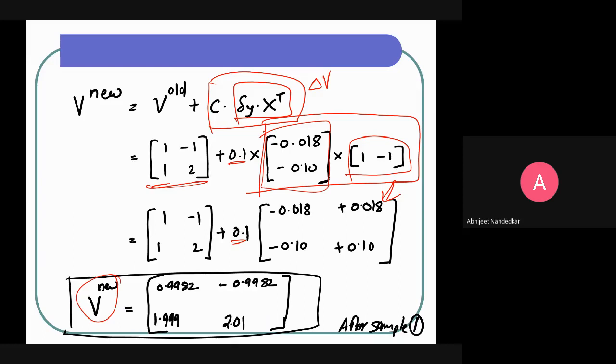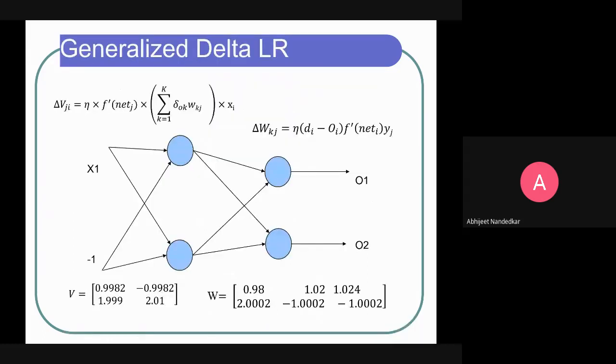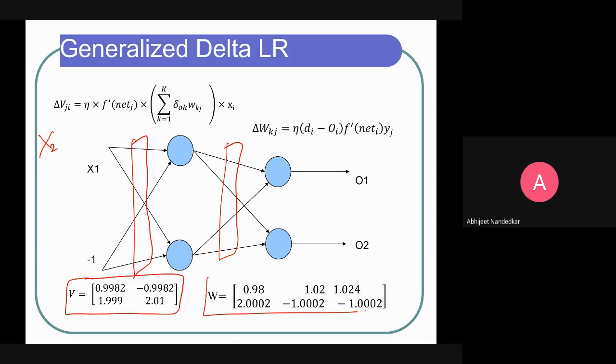So V new and W new, you will substitute now here. This next input x2 will face these updated weights, not the initial guess. Every time a new input comes, it will face the updated weights. So these are now V and W.